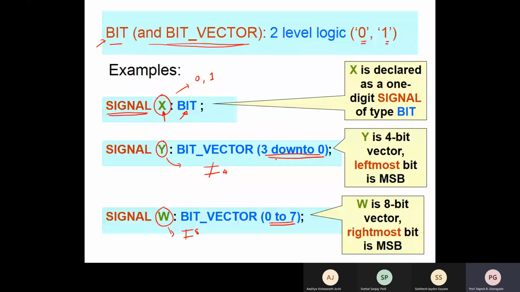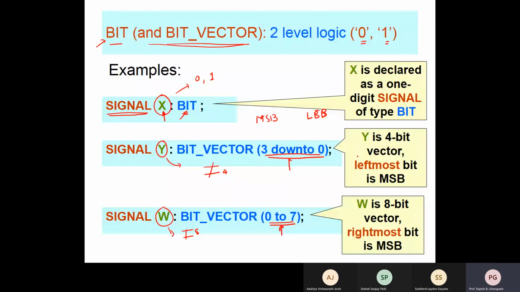These two distinct ways: 3 down to 0, or 0 to 7. Now don't mix up those things. Use either this convention or this convention. Because here the MSB and LSB positions are reversed. That you have to understand carefully.